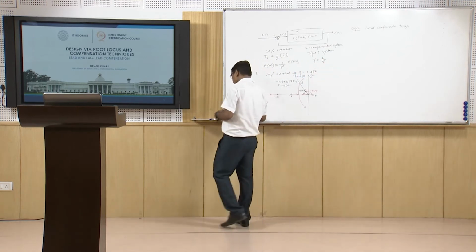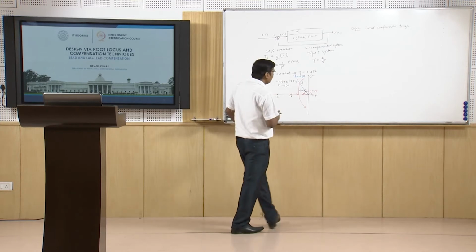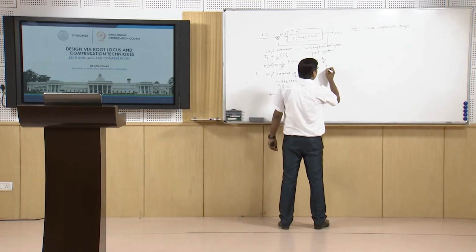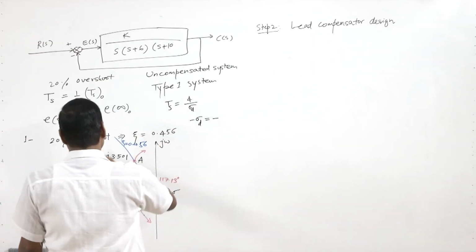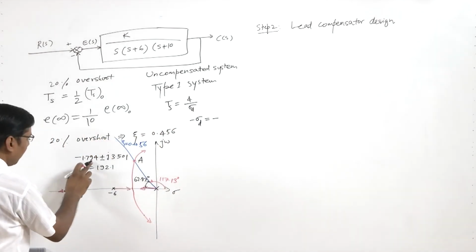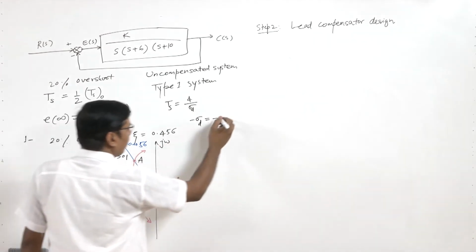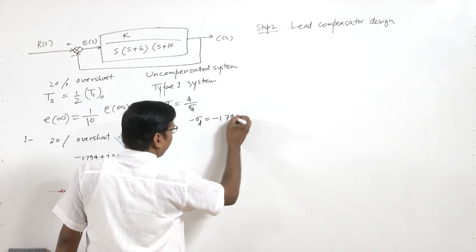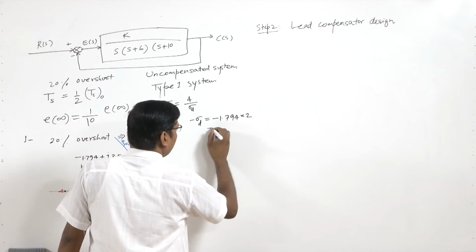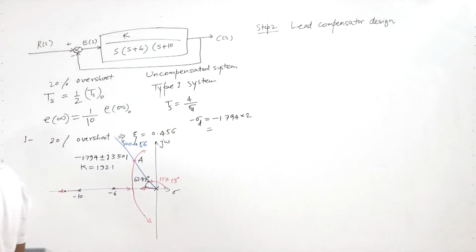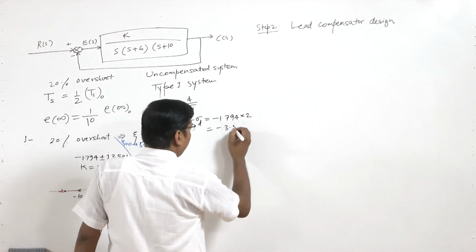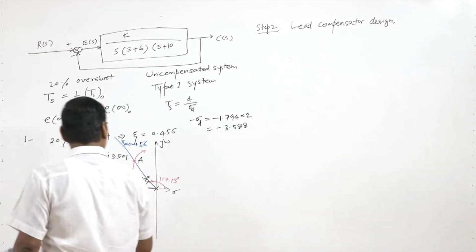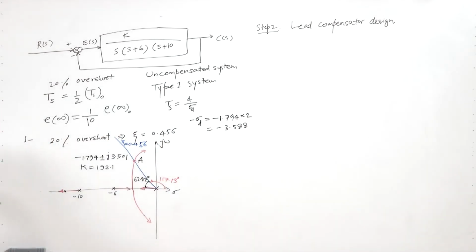So here sigma d equal to, here is the real part 1.794 into 2. So minus 3.588. So we will get this sigma d.